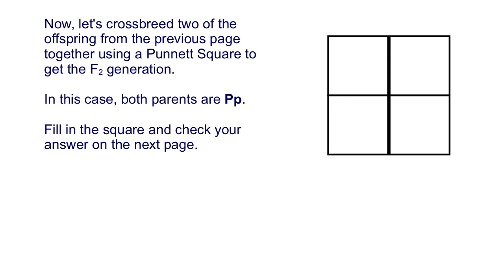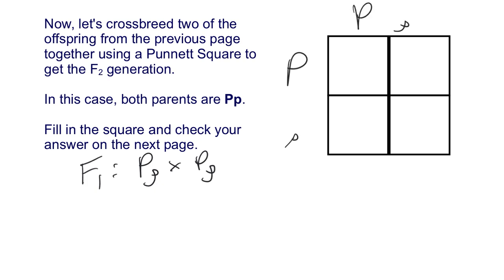Now we're going to take the F1 generation and cross it. I'm going to take one of those individuals and cross it with itself. So big P, little p, big P, little p, big P, big P, big P, little p, big P, little p, little p, little p.